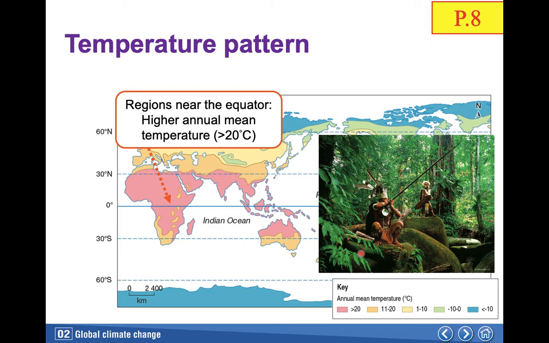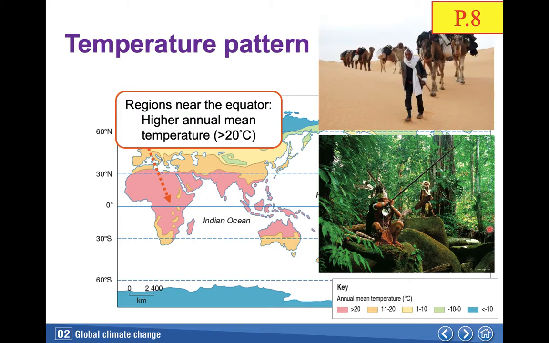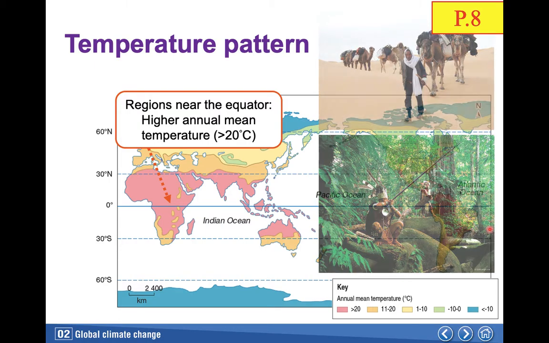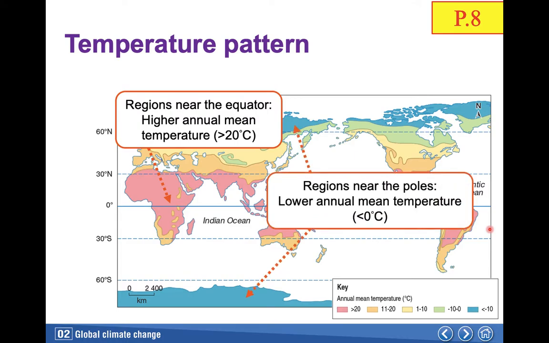Some examples you can see are the tropical rainforest and the desert. Okay, so they are very hot. But for the regions near the poles, the North and South poles, they will have a very low annual mean temperature, which is lower than 0 degrees Celsius.